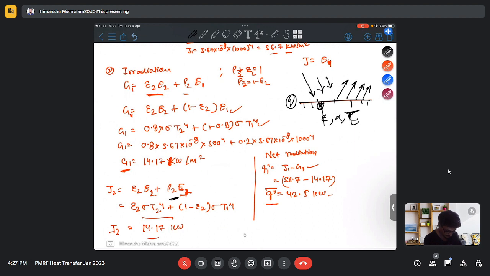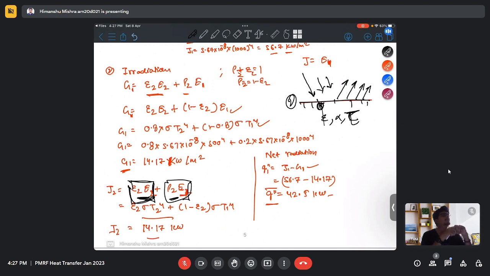No, I got it. No, we are not considering 0 here. So you actually mean this part. This is the transmissivity. This is the reflective part, and this is the emission. See, the radiosity only contains the emission and the reflective part.